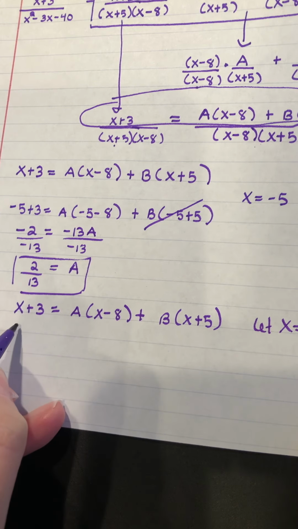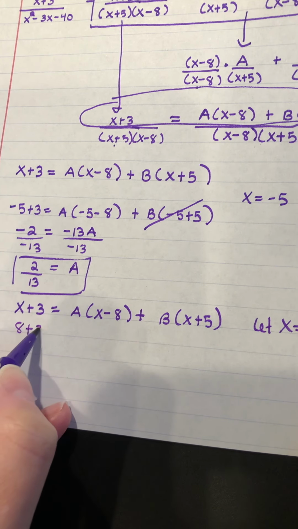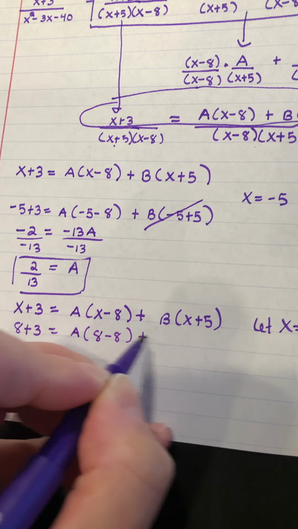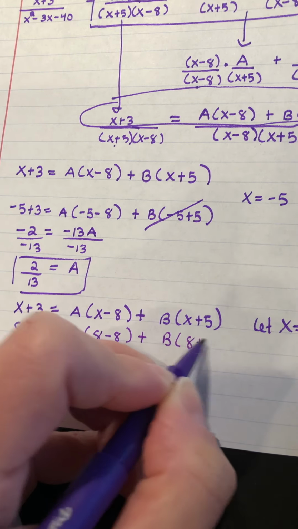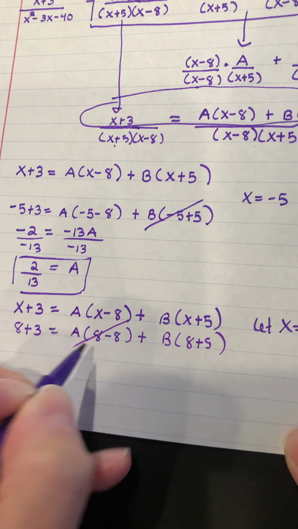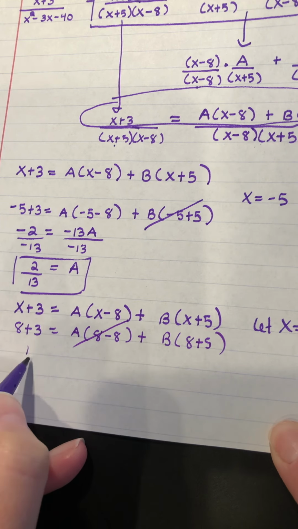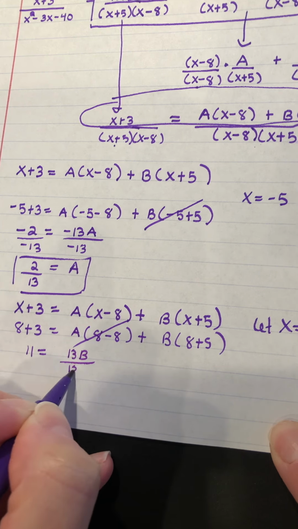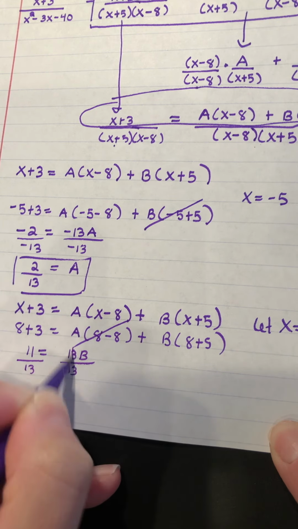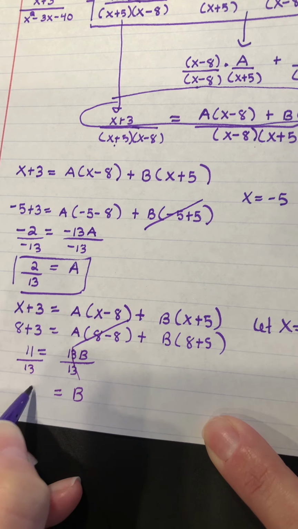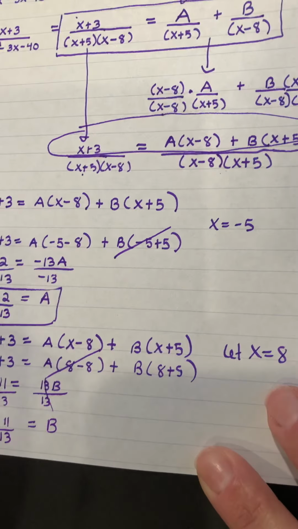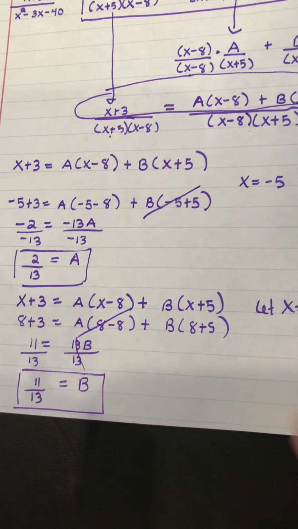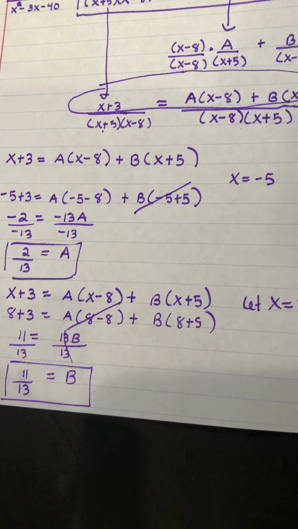And that's going to basically get rid of the a, right? That's going to go away and go to 0. And I get 11 equals 13b. And again, the b is equal to 11/13. So a and b are solved. My mystery is solved. I correctly reverse engineered the process.